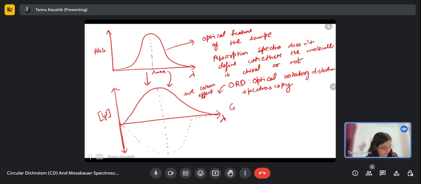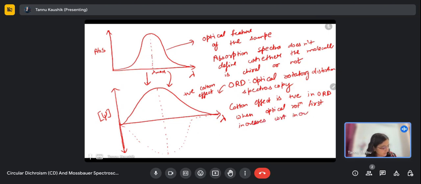So, this Cotton effect is positive in ORD when optical rotation first increases with respect to increase in wavelength, and vice versa for negative Cotton effect.